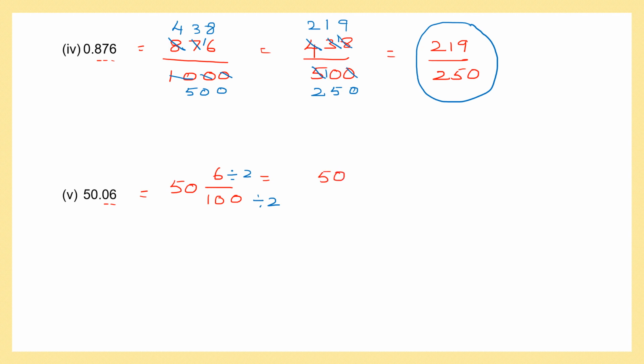Now 2 threes are 6. And my denominator, 2 into what is 50? Is 100. 2 fives are 10. I bring down the 0. So my final answer is 53 by 50.